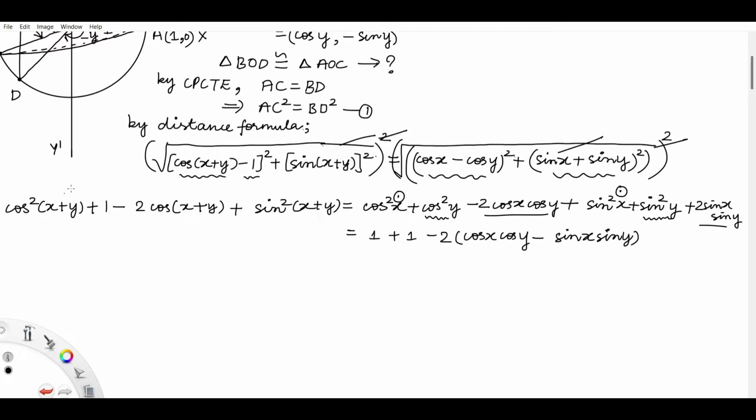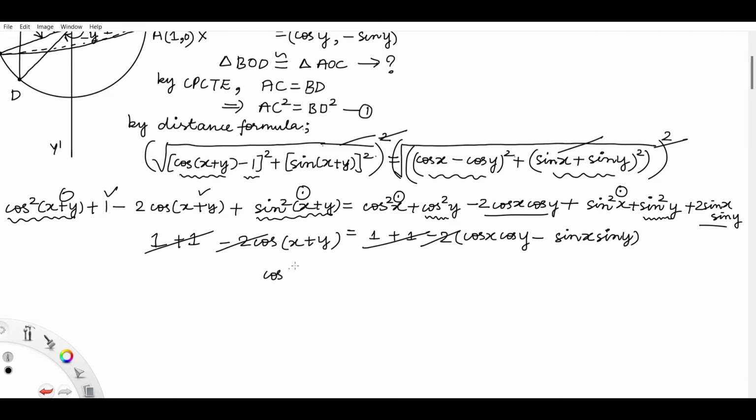Now we'll come to LHS. Even here, if you observe carefully, sin square theta plus cos square theta will give you 1. You already have 1. So 1 plus 1. This term as it is, minus 2 cos of x plus y. Here also 1 plus 1, here also 1 plus 1 gets cancelled. Here also minus 2, here also minus 2 gets cancelled.